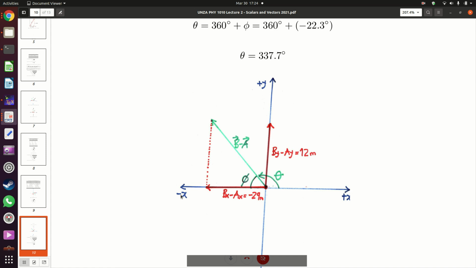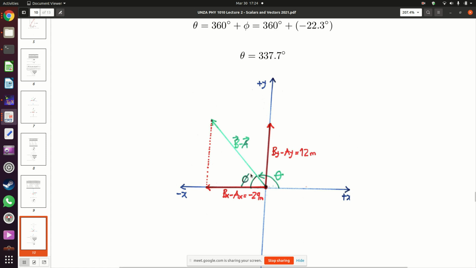The problem is that in this course we have decided that the angle theta, which gives the direction of the vector from the positive x-axis, is measured in an anti-clockwise direction, and in this direction the angle is positive.